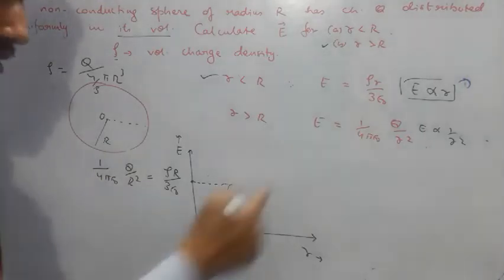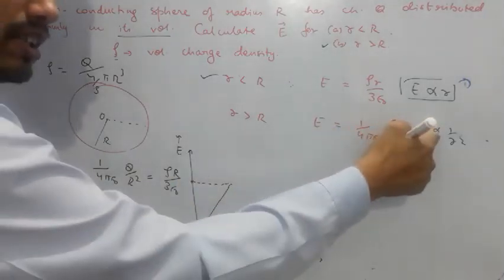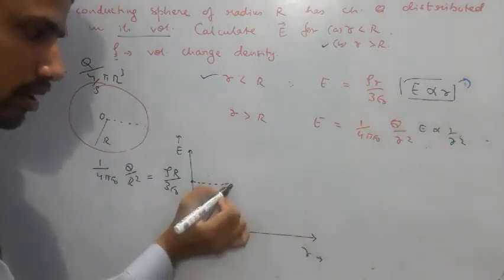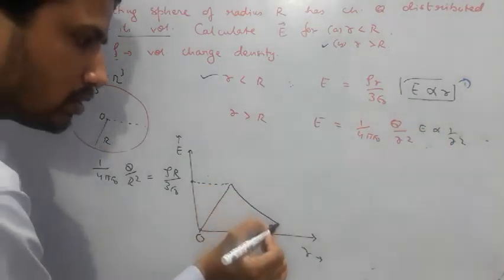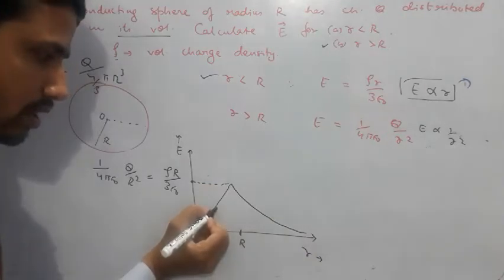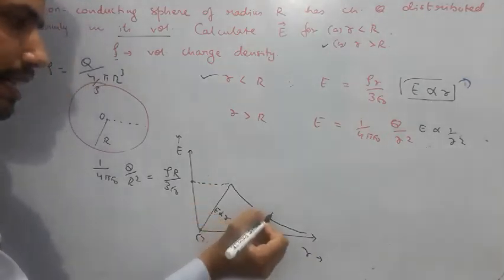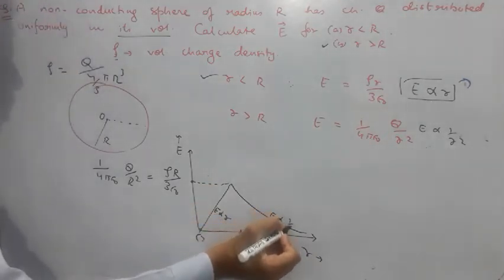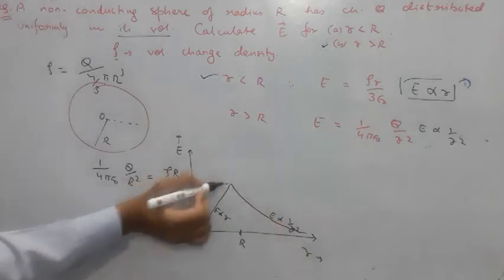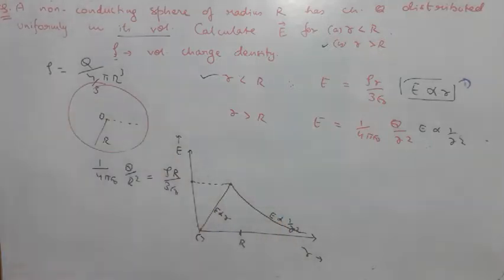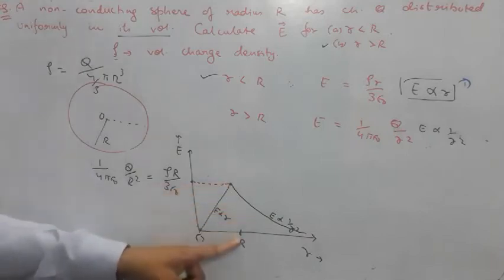Beyond capital R, the variation is inverse square law. So it will fall like so. So in this region we have E proportional to r, and in this region we have E proportional to 1 by r square. And this is the peak or maximum value of electric field which will happen on the surface.